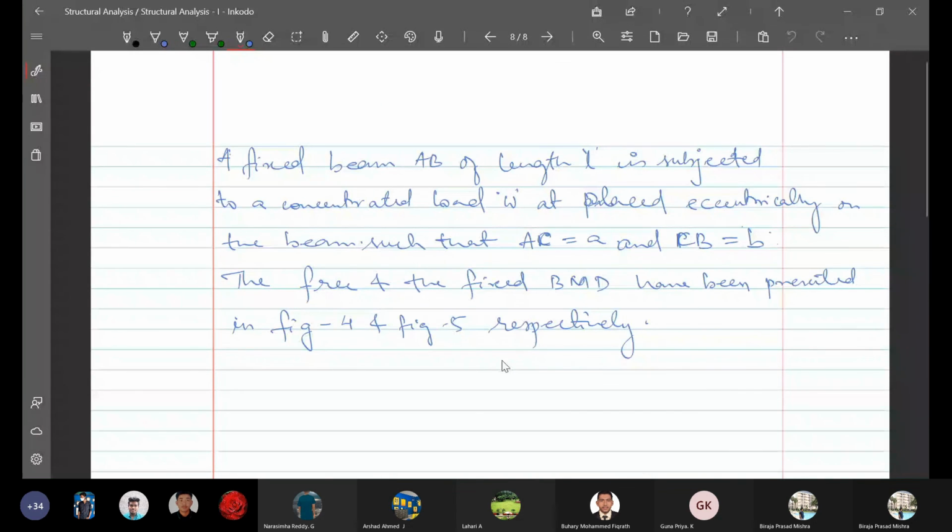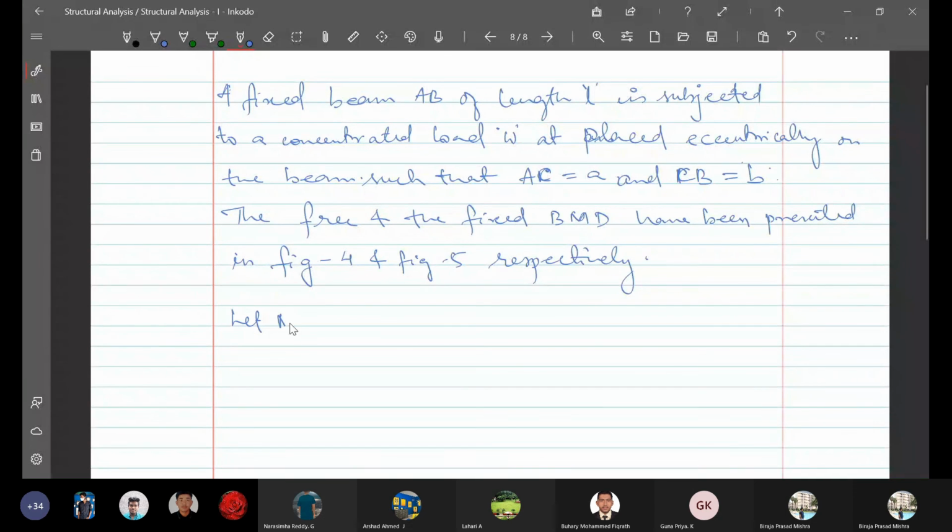So we can write, let MA and MB be the fixed bending moments at A and B respectively.